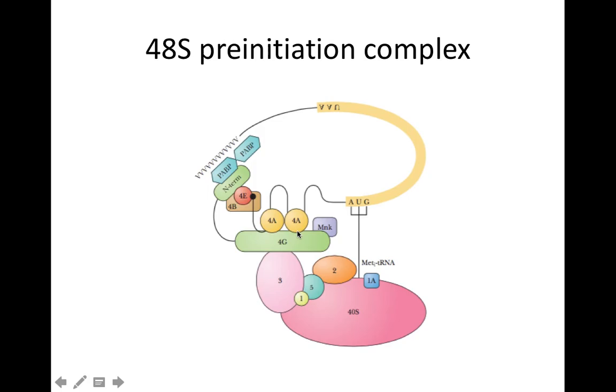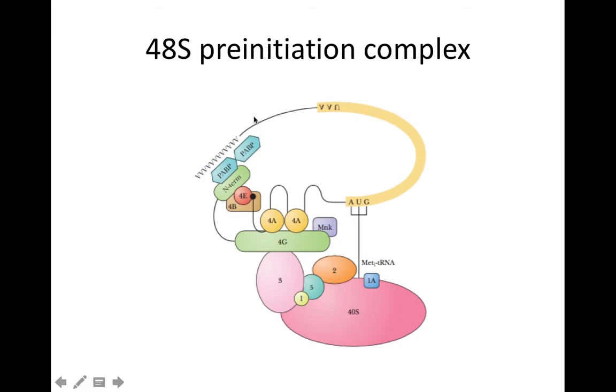What they do is use the 7-methyl GTP cap as well as the poly-A tail to scan through the mRNA until it finds the AUG.